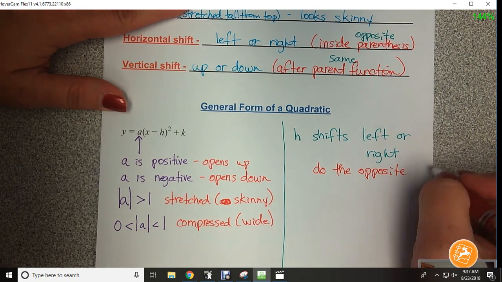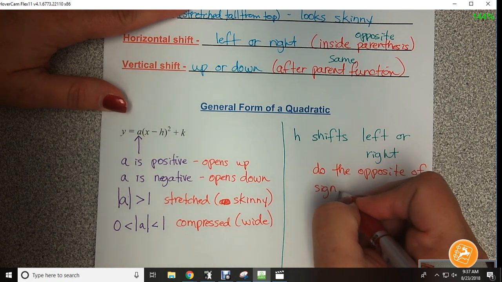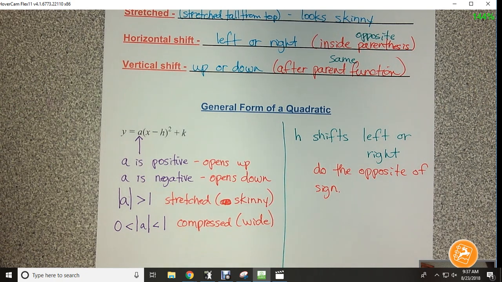And when I say do the opposite, that means the opposite of the sign. Okay, so normally when something is minus, you think shift it to the left. No, we're going to do the opposite. We're going to shift it to the right. And when it's positive, normally you think I'm going to shift it to the right. Well, no, you do the opposite. You're going to shift it left.